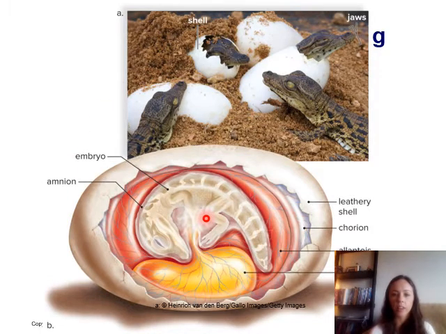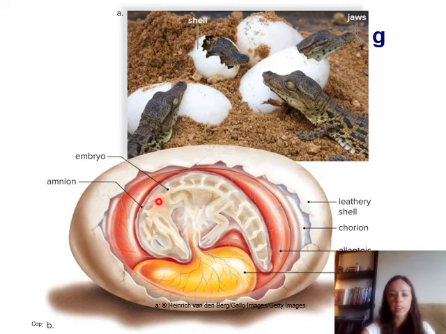Inside the egg, the embryo is going to be surrounded by the extraembryonic membranes. The chorion on the very outside is for gas exchange. The yolk sac here provides nutrition. The allantois, which is just right here, is going to store any waste.